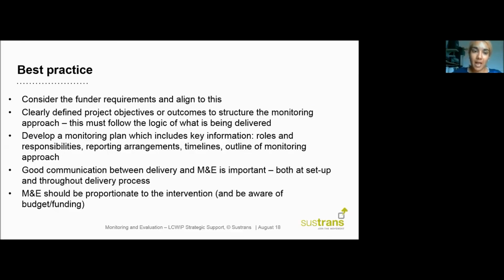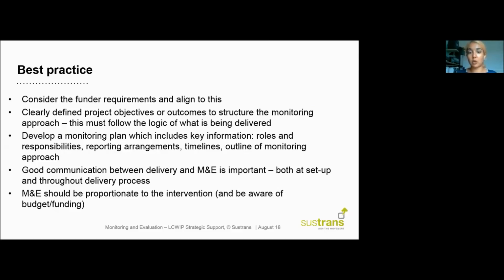Developing a monitoring plan is a very useful exercise and tool. This should be a document which captures all the key information relevant to the monitoring approach. This should include roles and responsibilities, who is doing what, the reporting arrangements, the key deadlines, milestones, timelines, so project management information, and should also provide an outline of the monitoring approach.